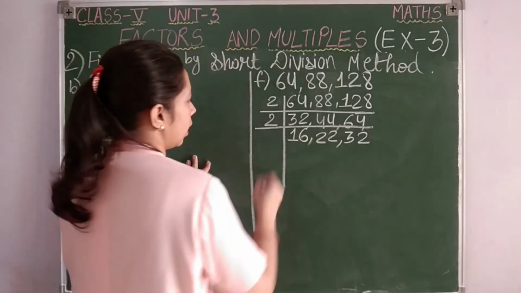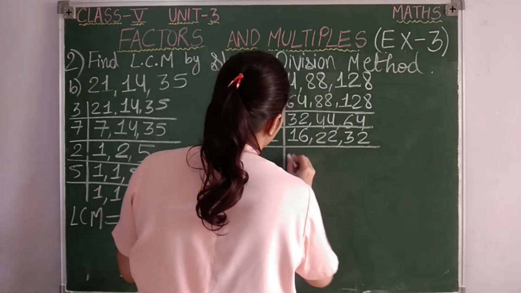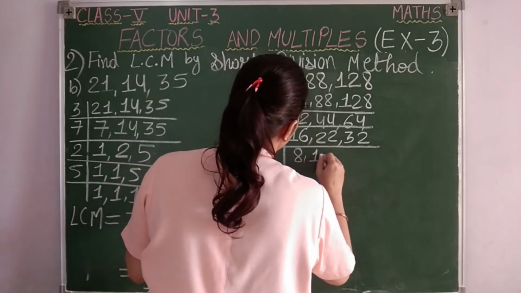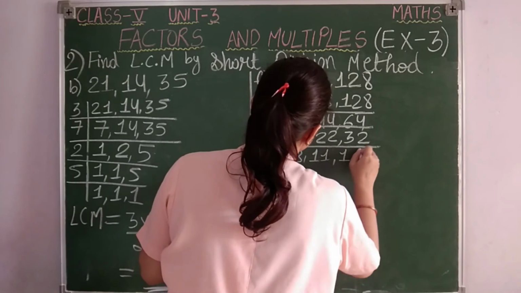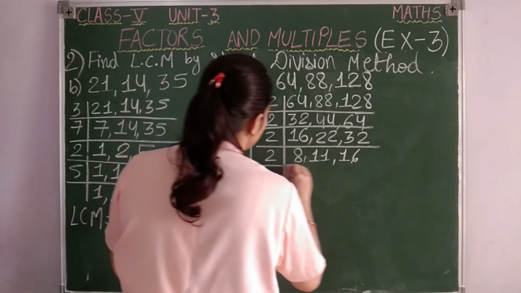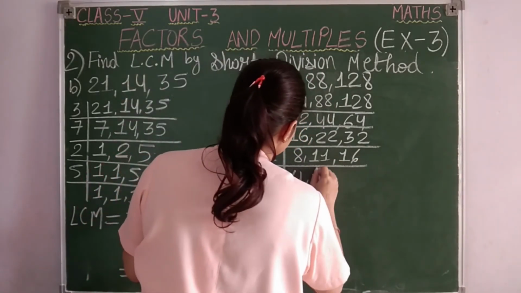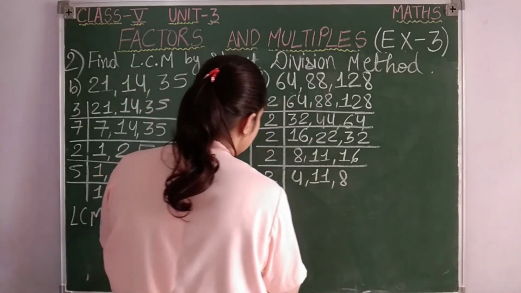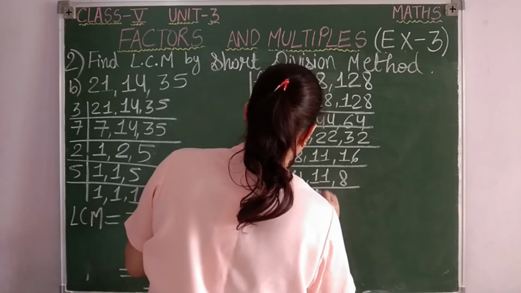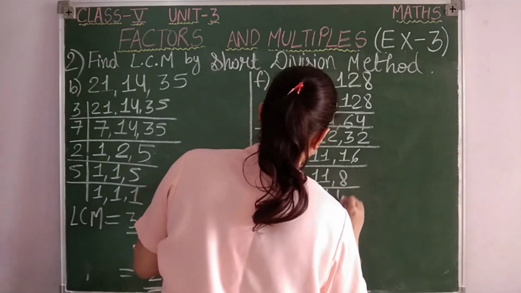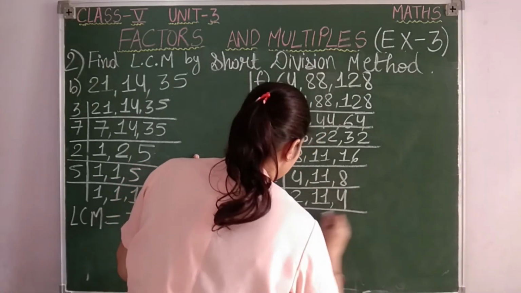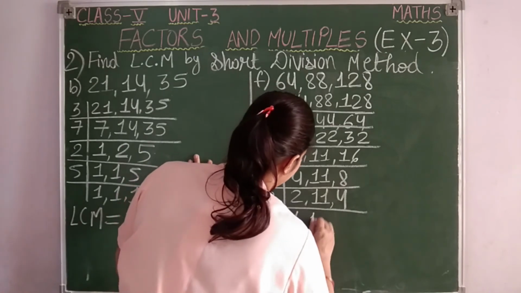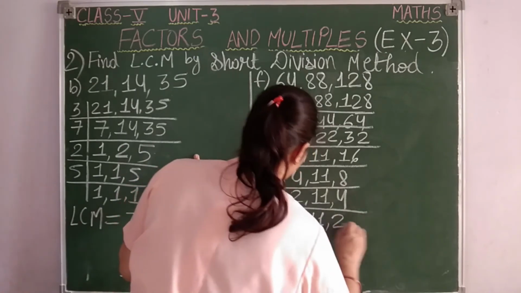Then again 2 8s are 16, 2 11s are 22, 2 1s are 2, 2 6s are 12. Again 2 4s are 8, 11, 2 8s are 16, 2 2s are 4, 11, 2 4s are 8, 2 1s are 2, 11, 2 2s are 4.